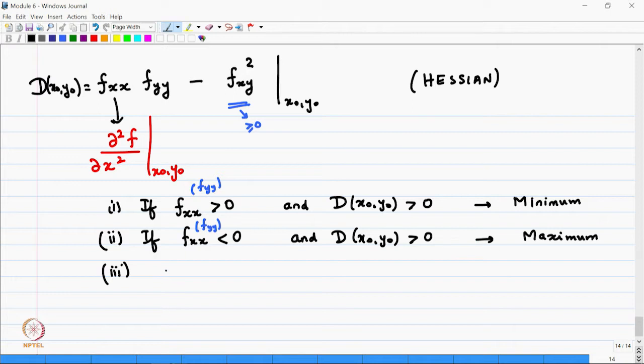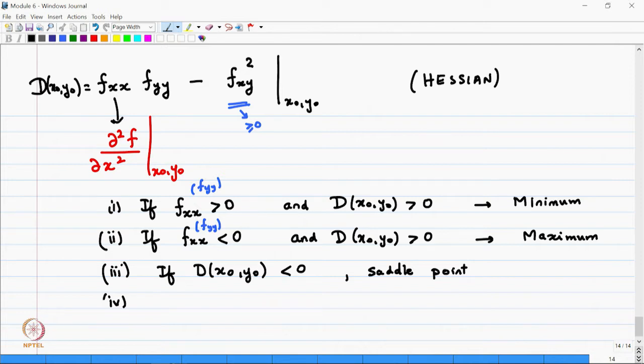The next case is if D(x0, y0) is less than 0, then this point is a saddle point. Now notice, f_xx and f_yy can all be greater than 0 and f_xy can also be greater than 0, but if D is less than 0, then it becomes a saddle point.